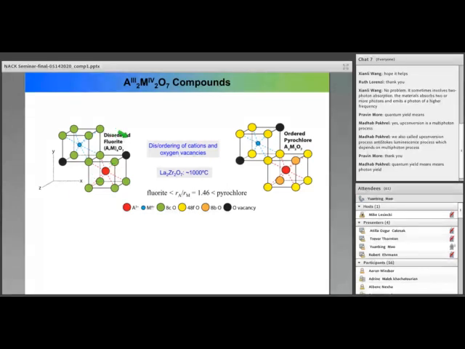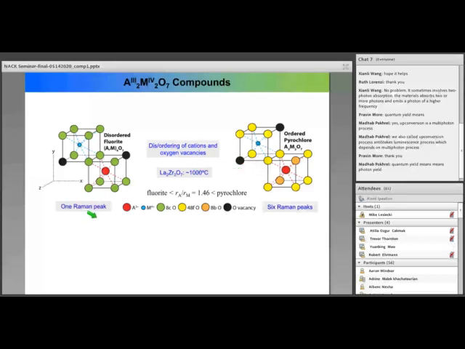The other thing about this type of compound is that the disordered and ordered structures can transform at a certain temperature. Because of this, by X-ray diffraction it is very difficult to differentiate these two structures, because X-ray is more about long-range order determination.